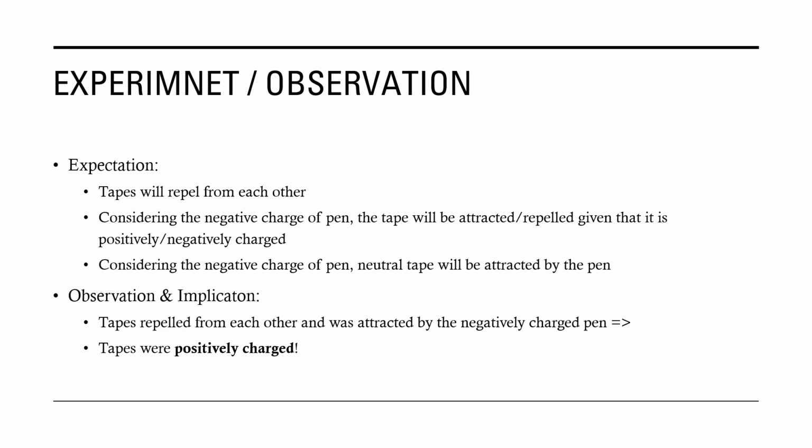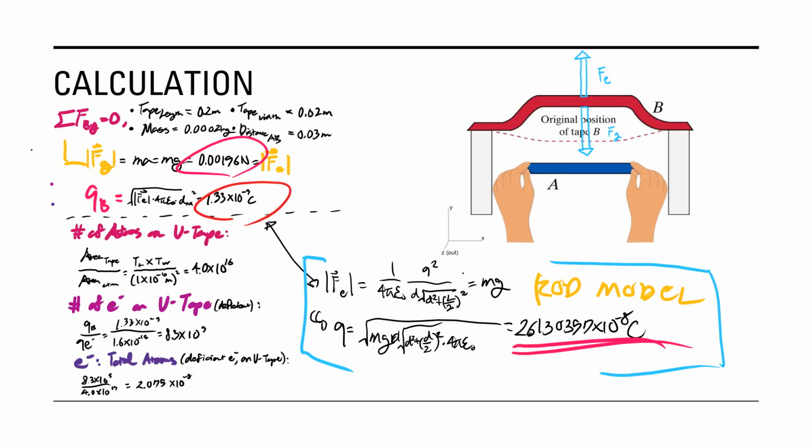The experiment and observation details for lab 1 were also used, and also the calculation. There are two values that should be noted in regards to lab 1, which is 0.00196 newtons, that resulted from setting the electrostatic force equal to the gravitational force, and the resulting Q value.